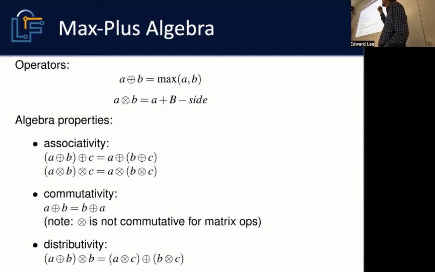Just to make sure we understand the algebra, what's the additive identity? Assume the numbers are integers that could be positive or negative. Something like minus infinity.